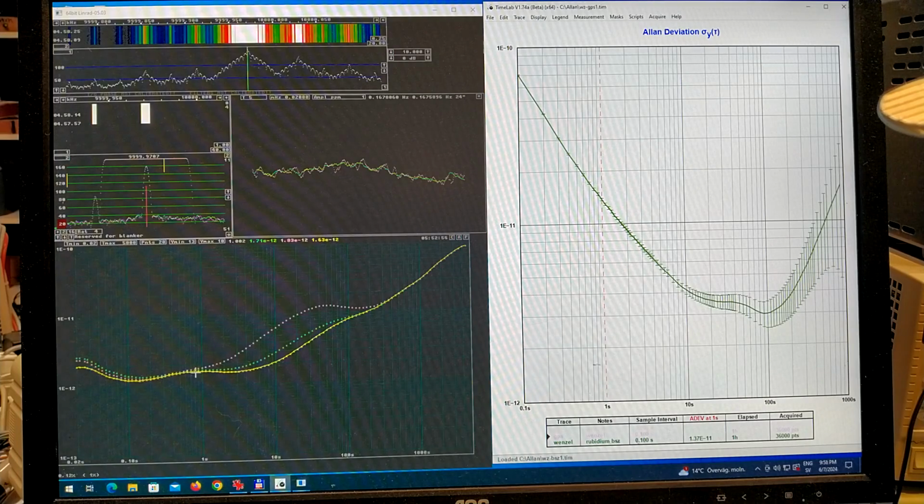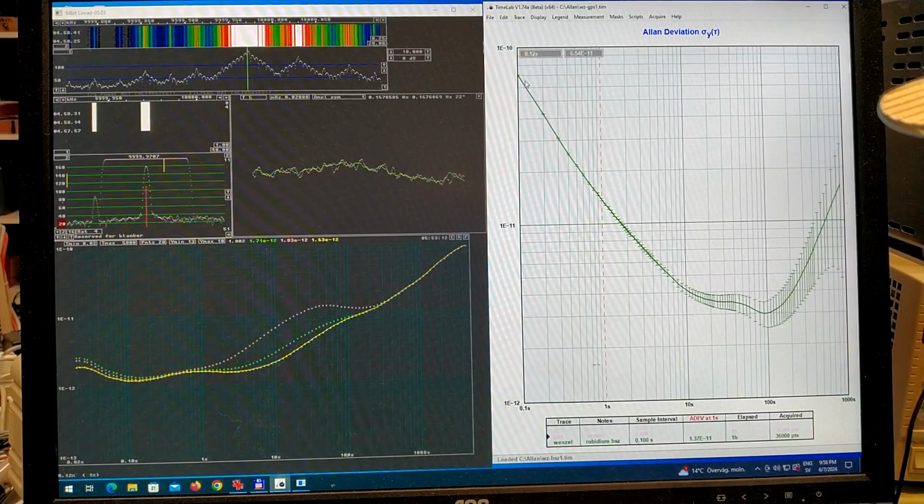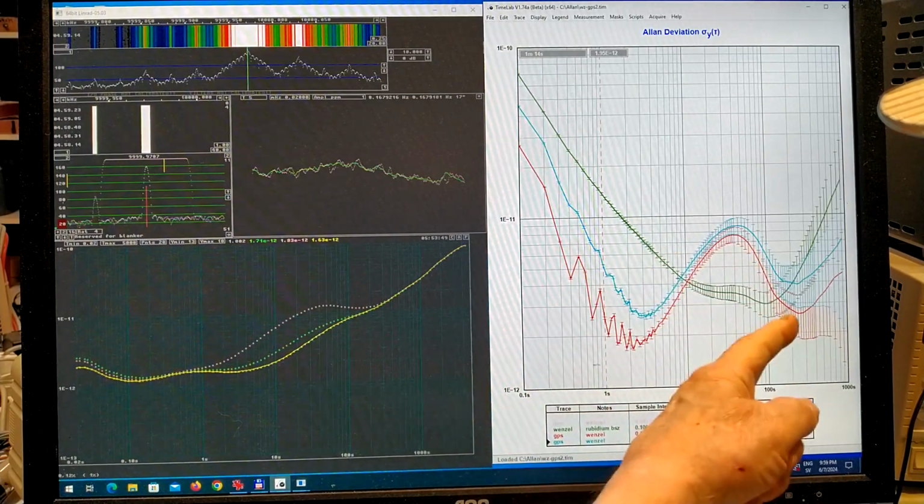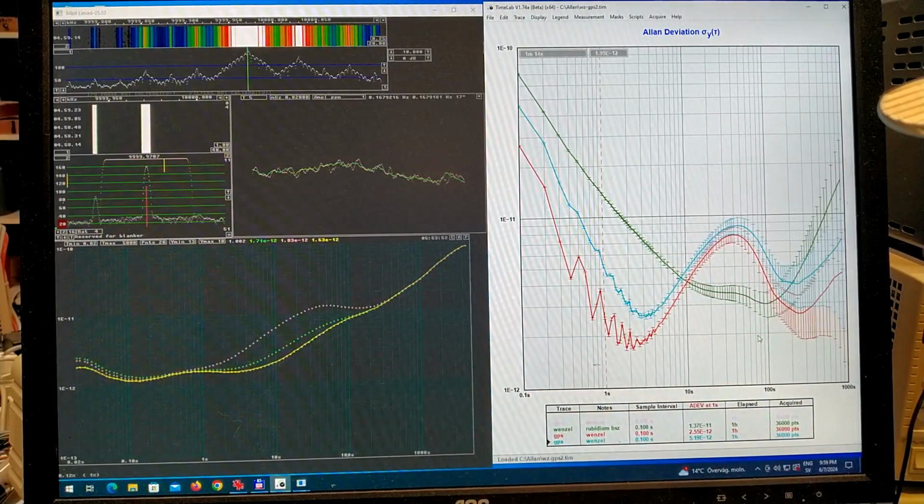And as you see, Linrad is flat from 1 second down to 0.02 seconds, while TimeLab steeps upwards very rapidly. I can load the old measurements, and it's obvious that the big noise here was due to the Wenzel. And why the noise is much higher here at 1 second, I don't know yet, but I have some suspicions.